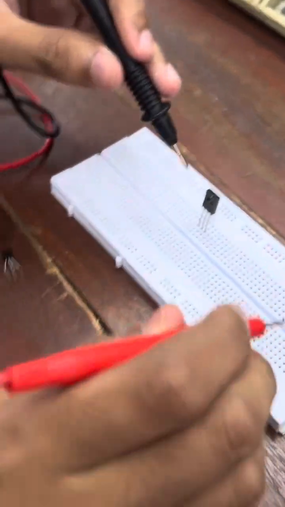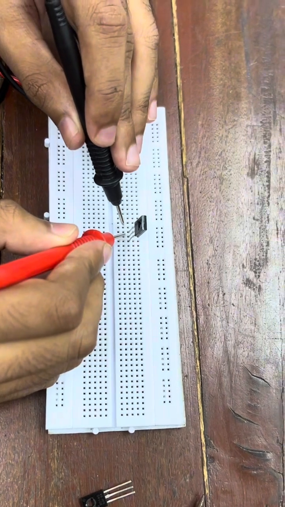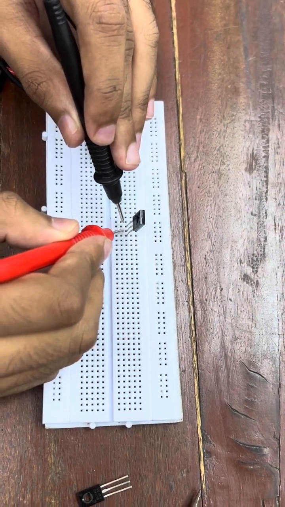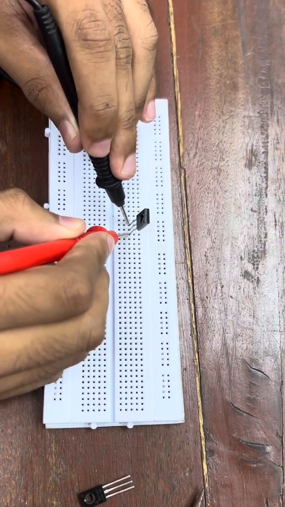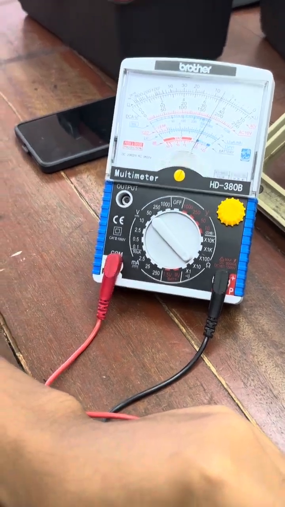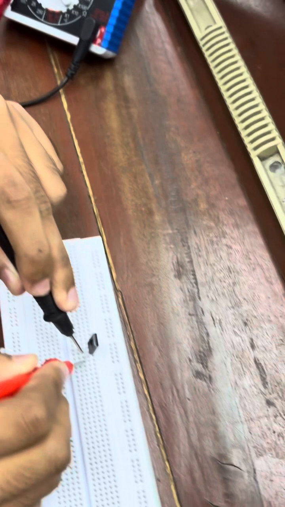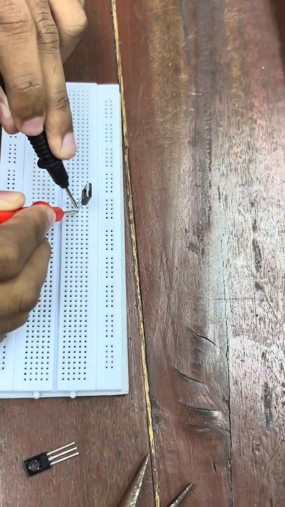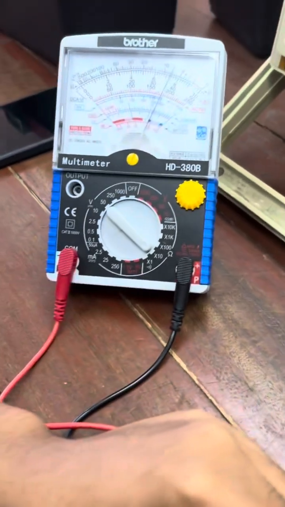Okay, next, put the negative probe to first leg and positive probe to third leg or second leg. So the base is first leg. Firstly, put the negative probe to second leg and positive probe to third leg.